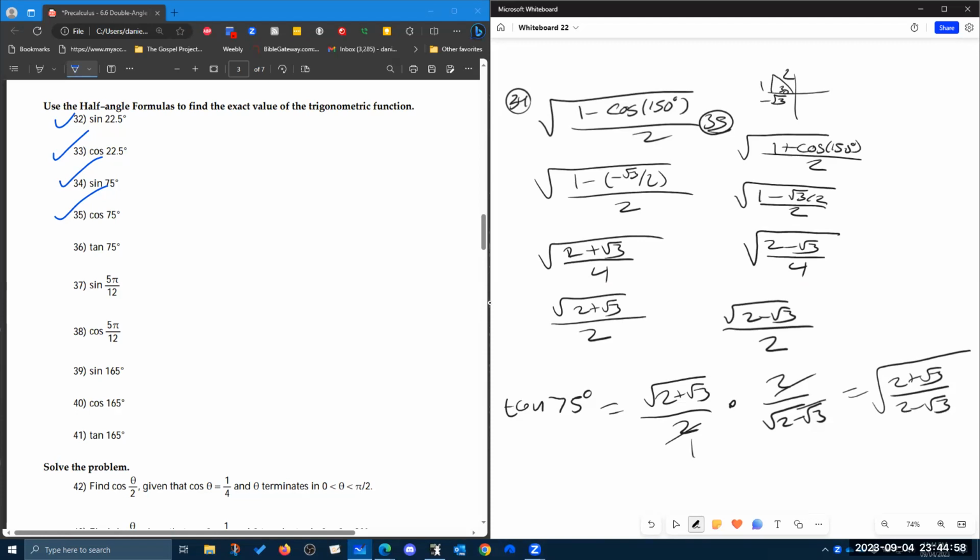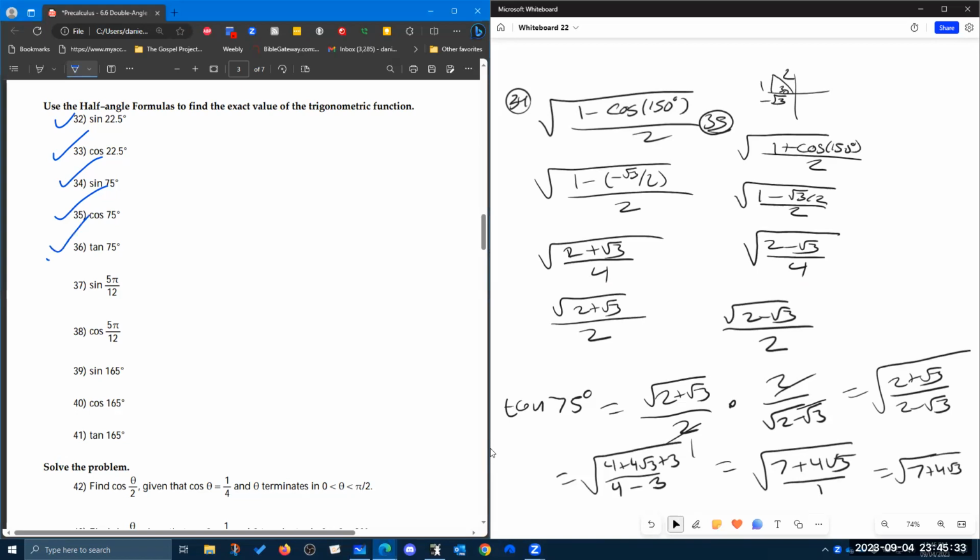I'm going to rationalize that denominator to make this a big square root of 4 minus 3 in the denominator. The numerator is going to be 4 plus 4 root 3 plus 3. It's going to be 7 plus 4 root 3 over 1. It's root of 7 plus 4 root 3. Just remember, tangent is always sine over cosine, so if I've already found sine and cosine, I can find the ratio of those.